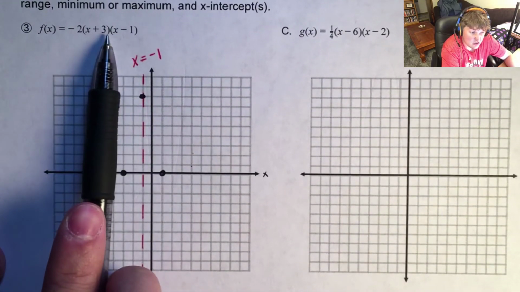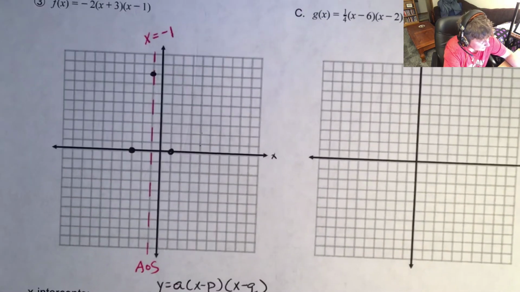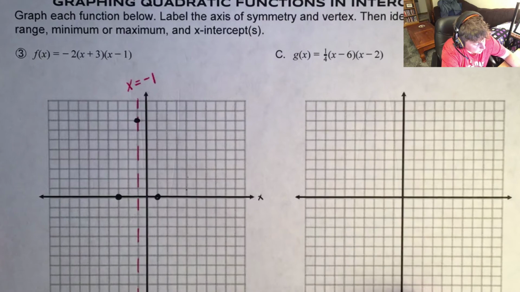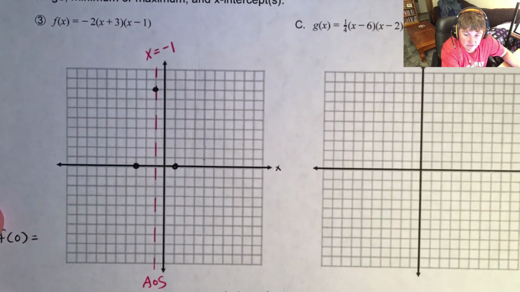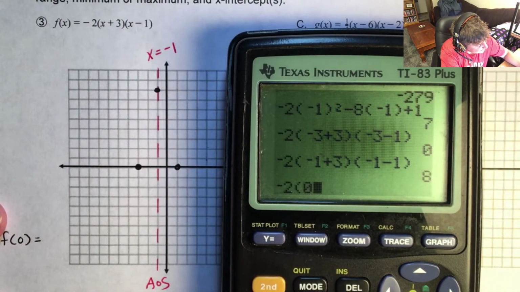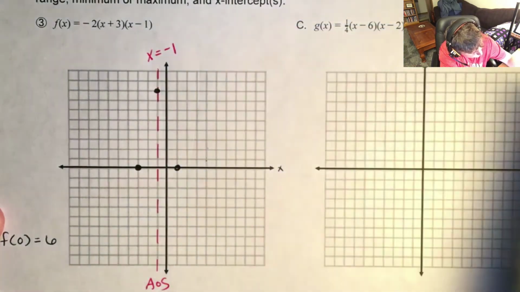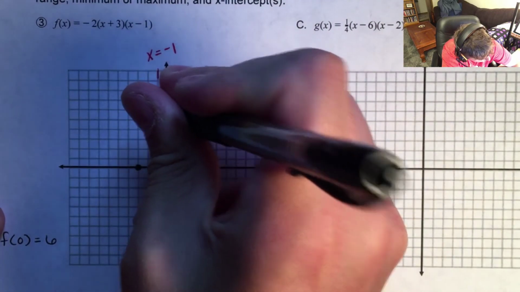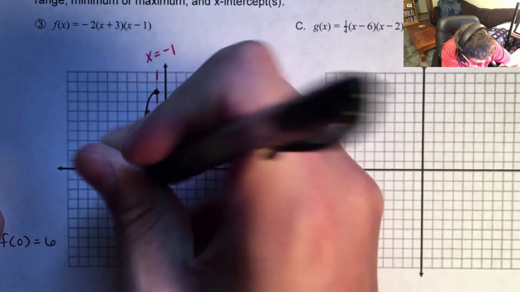So we can actually use 0, which is going to be nice, right? Because I could pick -2 or 0. So let's go ahead and do f of 0. I want to find f of 0, the function when x is 0, is all that means. So -2 times 0 plus 3 times 0 minus 1, which is 6. And then right across, and there's our curve.